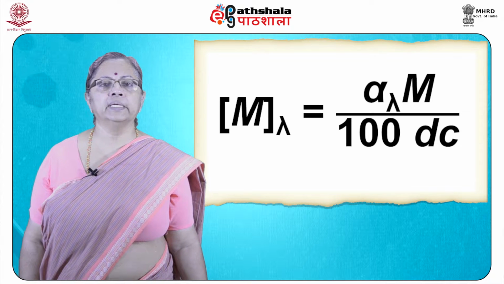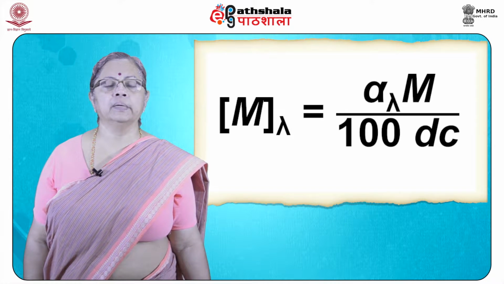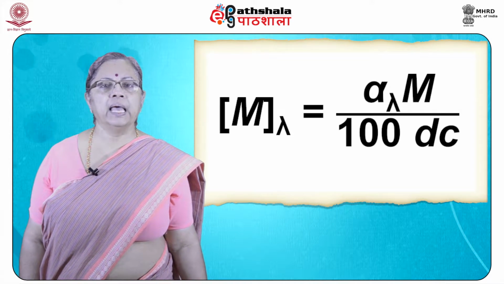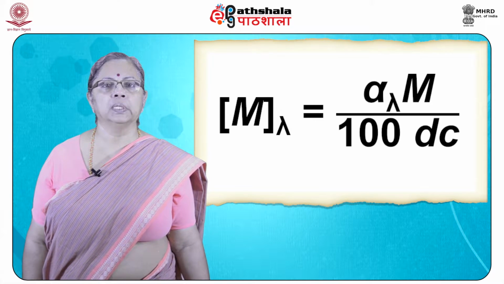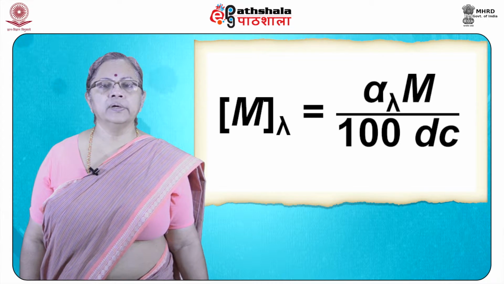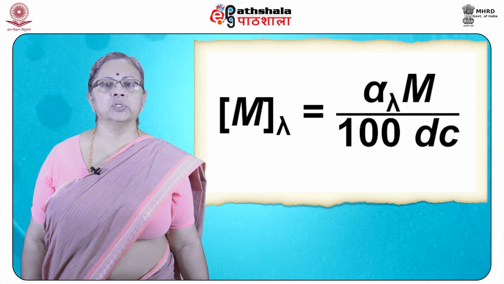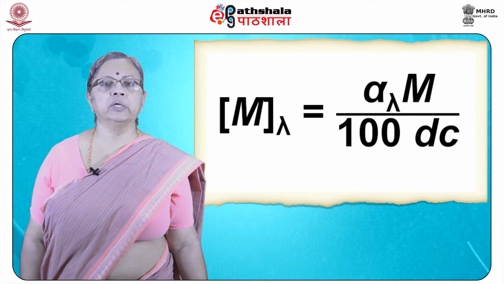Also, bracketed capital M lambda is equal to alpha lambda M divided by 100 dc, in which M is the molecular weight.